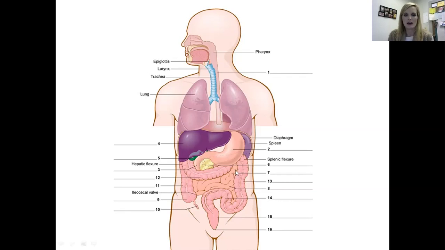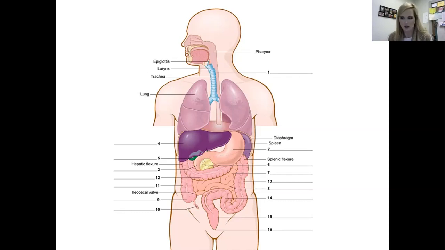And then numbers 11, 12, 13, and 14 are all part of what's called the colon. Your large intestine is oftentimes referred to as the colon, but all 4 of these structures are going to end in the word colon. There's a different word in front of each of these, but they're all going to be the something colon.